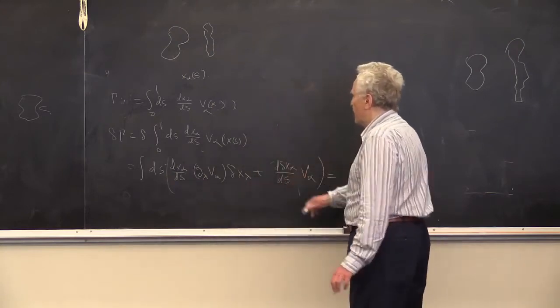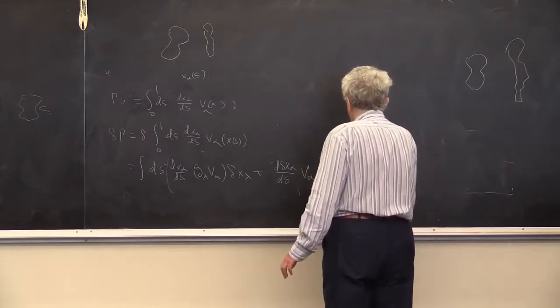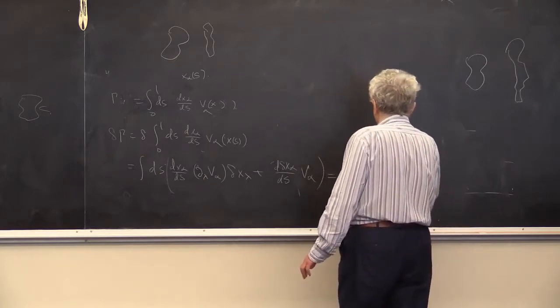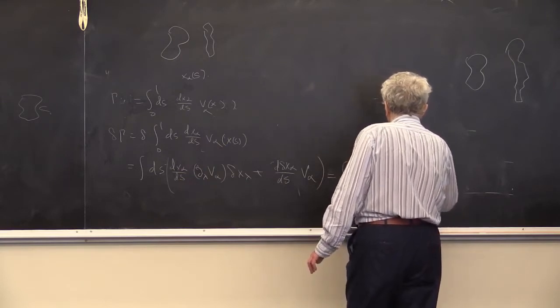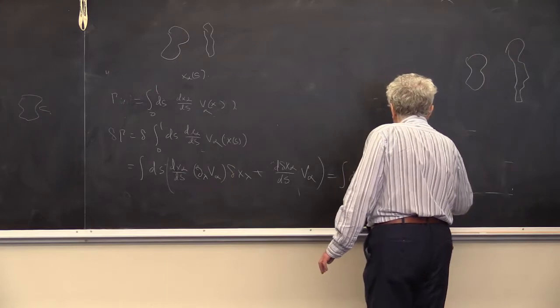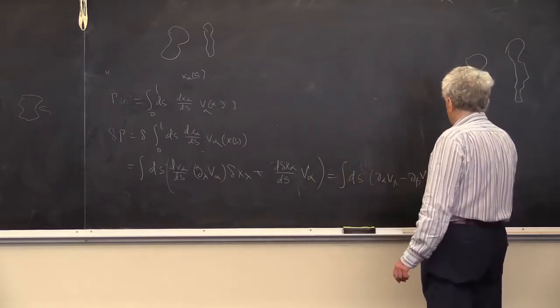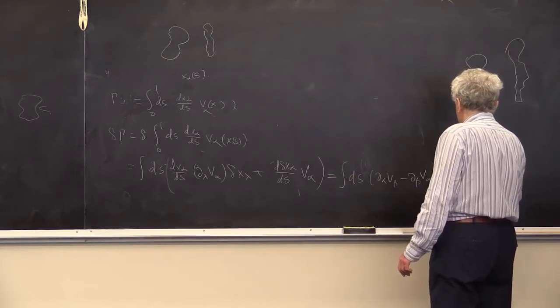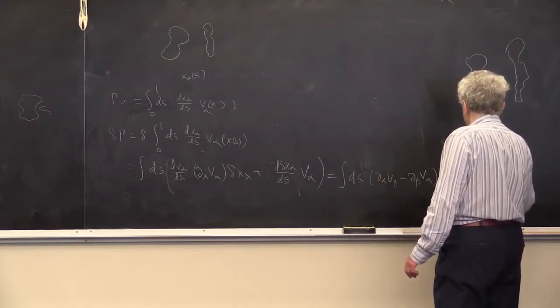And then we integrate this by parts. We will get an integral ds, (d alpha v beta minus d beta v alpha), delta x alpha, dx beta over ds.